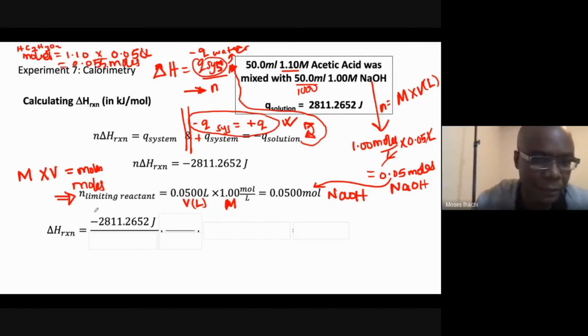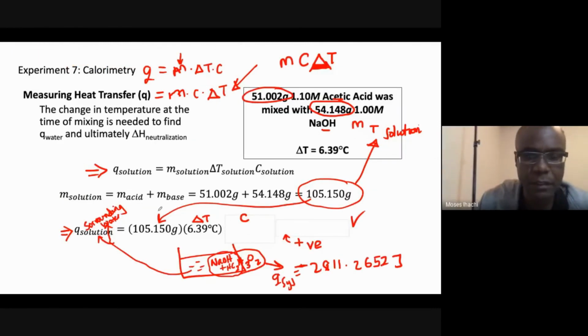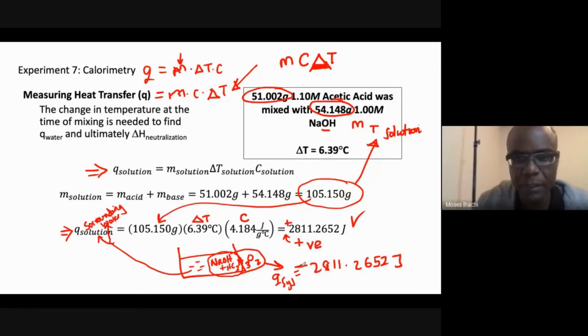Remember, it's negative. Why is it negative? That's the Q of the system, which happens to be negative Q of the surrounding, which is water. That's what we just said here: if this is Q of the water, the surrounding, and it's positive, then Q of the system will be negative.